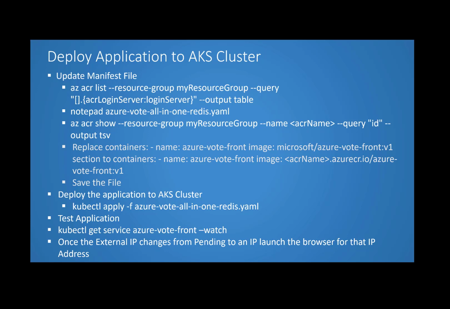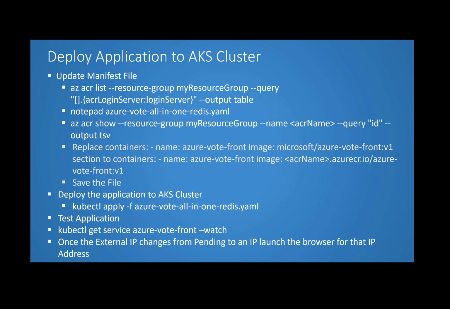Once we have the login server name, we'll open the application manifest file that we have on our Windows 10 desktop. We can open it with Notepad, and then we'll replace the content where it says Microsoft / Azure front with our actual Azure Container Registry login server name, and we'll save the file.